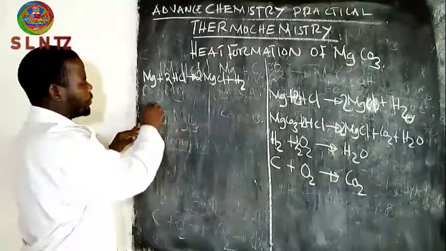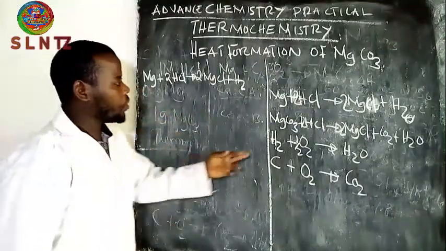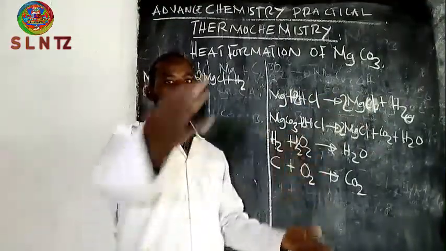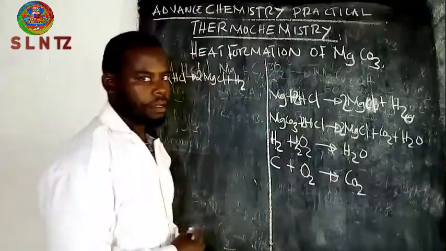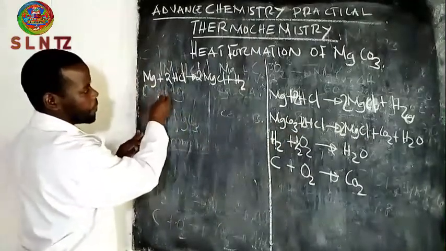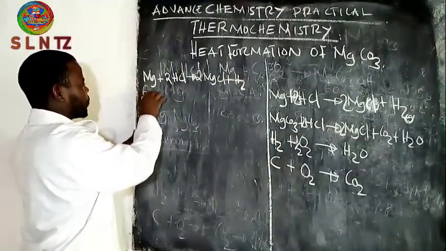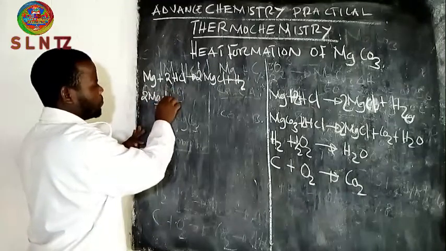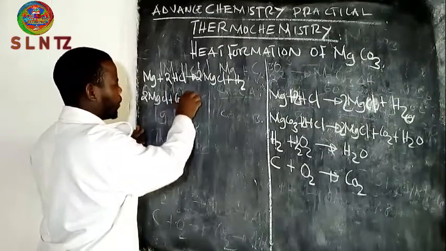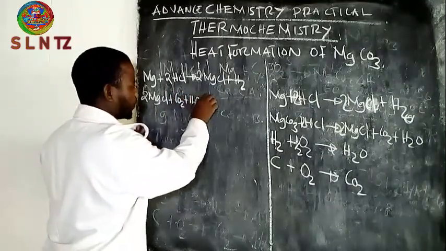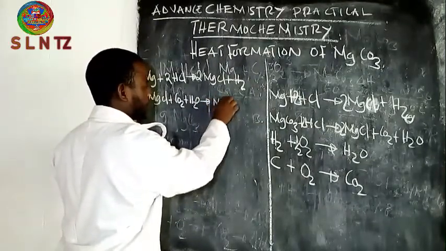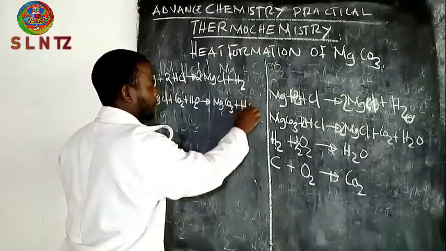The second is magnesium carbonate, which should be in a product, so it's going to reverse, right? When it reverses, it will be 2 magnesium chloride plus carbon dioxide plus water. The product is magnesium carbonate reacting with HCl.